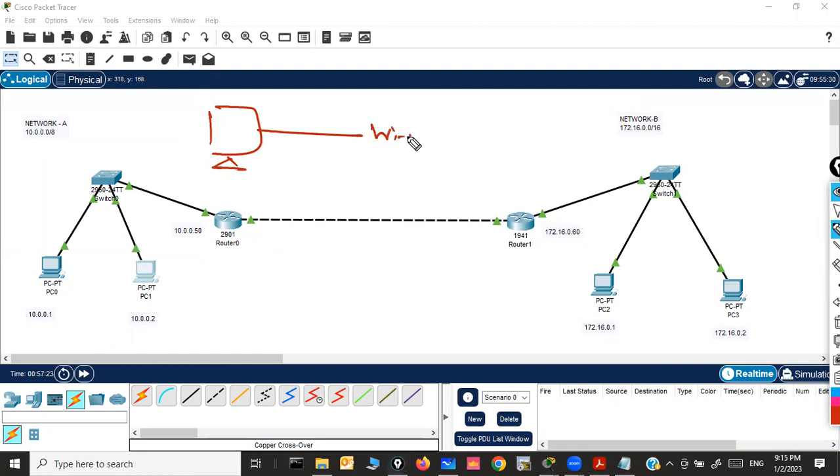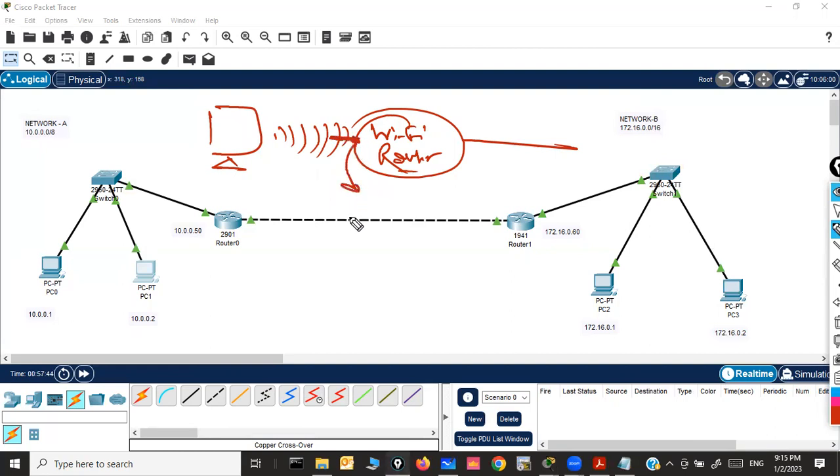At your home, you may have a Wi-Fi router or broadband router, connected wirelessly. But this Wi-Fi router would definitely have two IPs, right? One internal interface IP, and your laptop IP address, both in the same network.